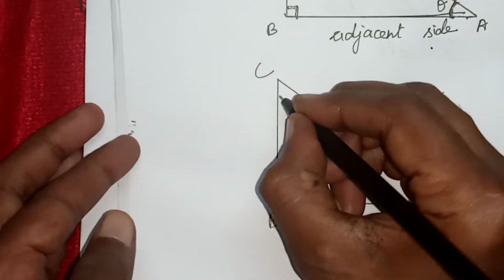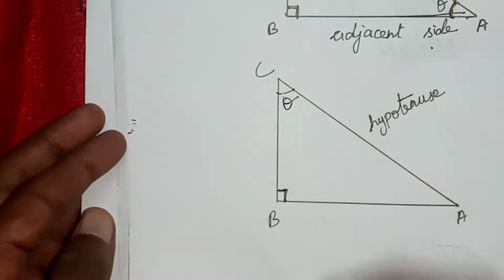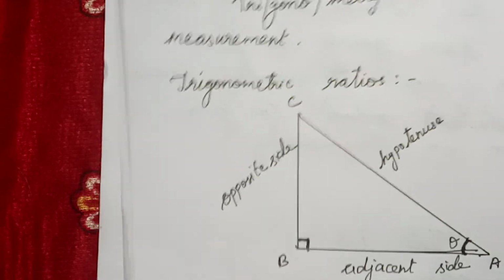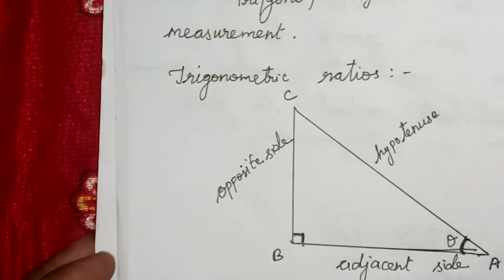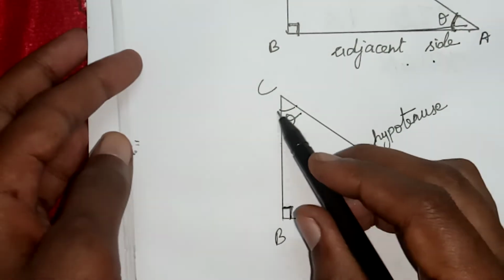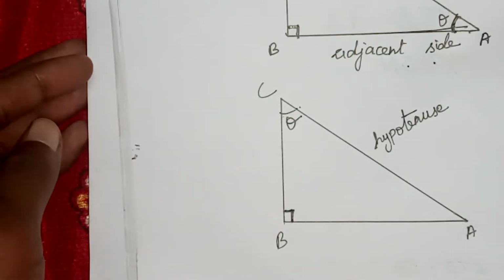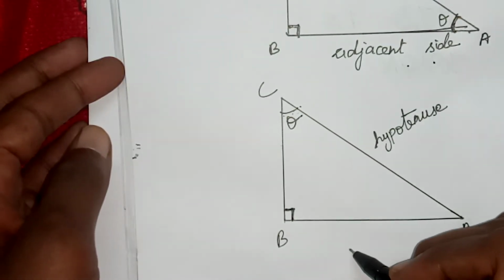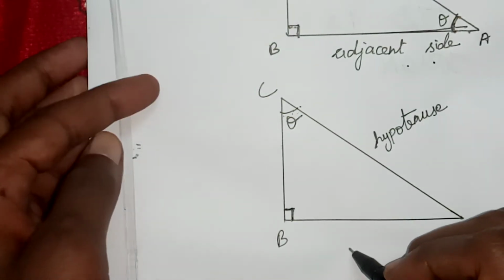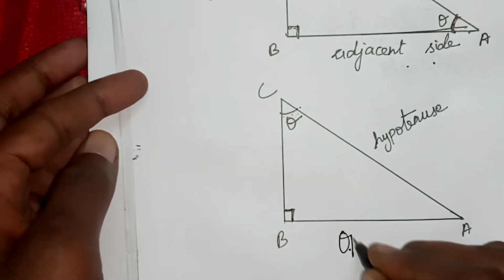Next, if I take this as theta, which is the opposite side? The side opposite to theta is called the opposite side. So this side is the opposite side.